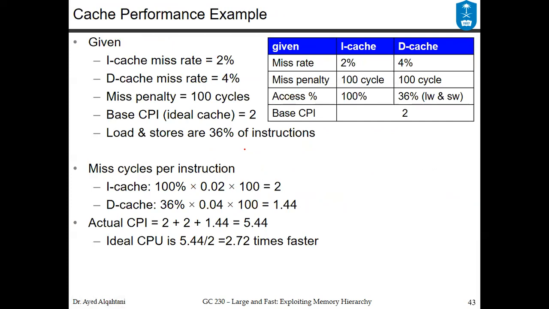Now, as an example to understand what we've said, if you were given two caches, one for the instruction and one for the data, and you are given that the instruction cache miss rate is 2%, and the data cache miss rate is 4%.